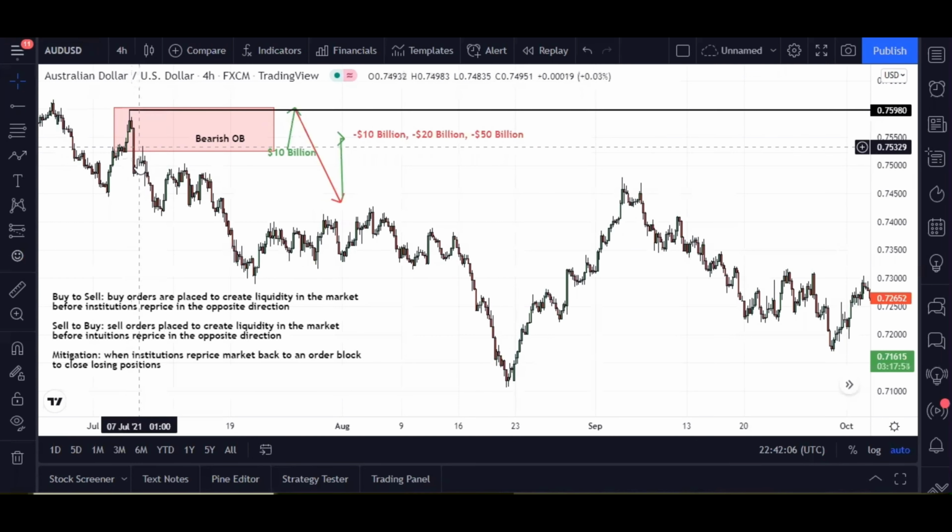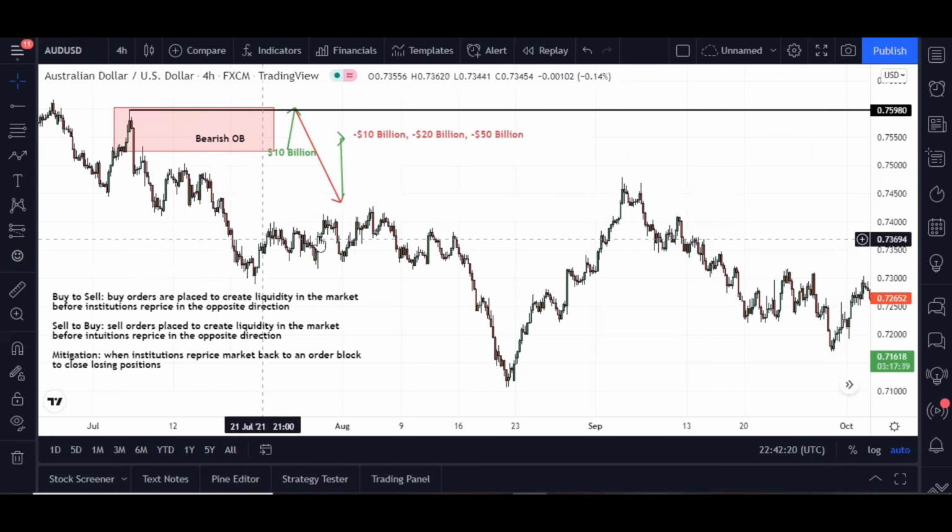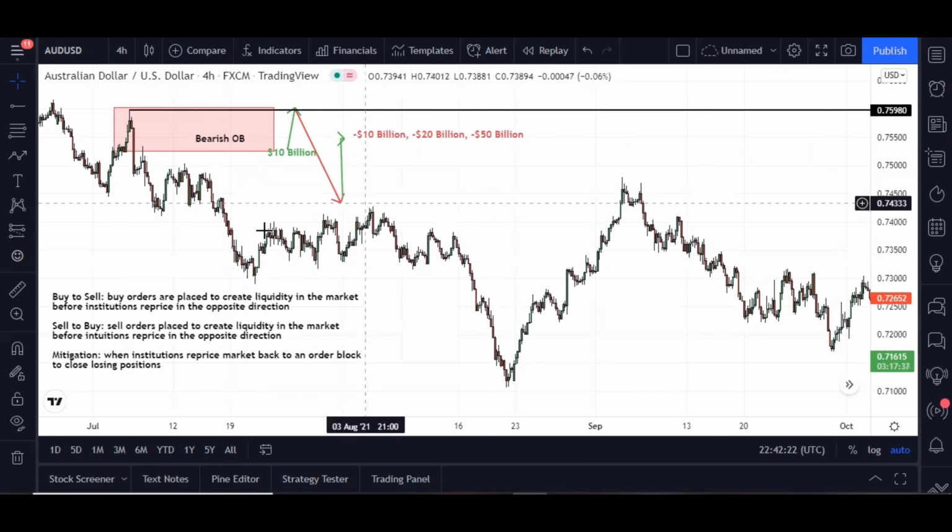Remember, an imbalance was created, so they're going to need to rebalance the market.